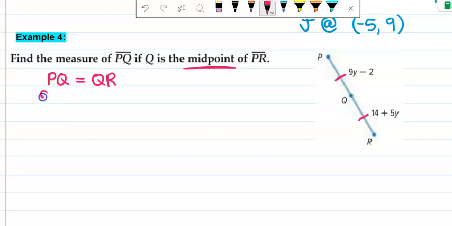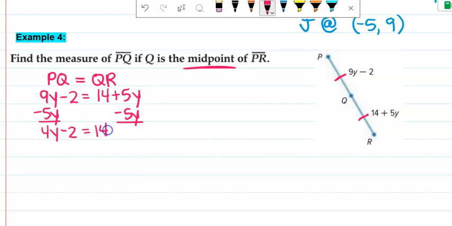So PQ is 9y minus 2. QR is 14 plus 5y. And now we've set up our equation and we can go ahead and solve. So let's subtract 5y. We get 4y minus 2 equals 14. Add 2.